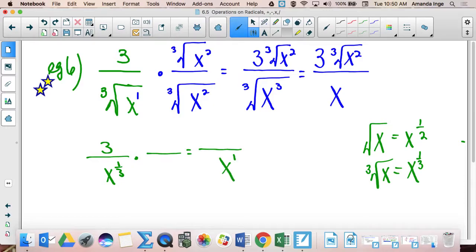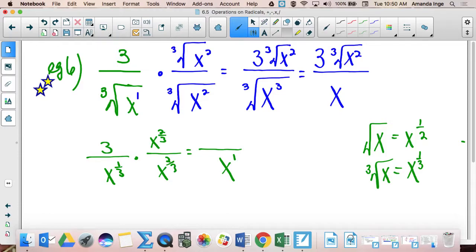Okay, so we want to multiply by something so that we get x to the first power in the denominator. So what's the exponent got to be? What are we going to add to 1/3 to get 1? 2/3. Right? Because 2/3 plus 1/3 is equal to 1.